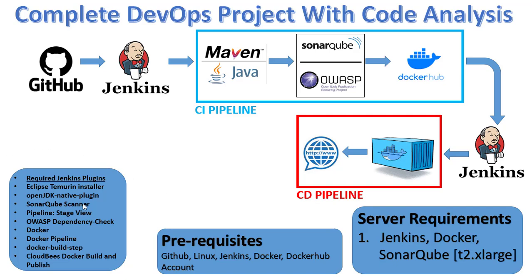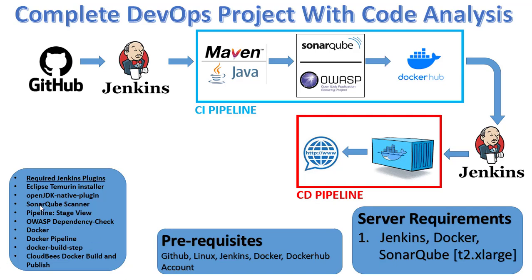And we will actually use multiple plugins to execute our project. For this, we will use the Eclipse Temurin installer and the OpenJDK native plugin, because we will use Java. The SonarQube scanner will help us to scan our code, which will give us a detailed report about the code health.